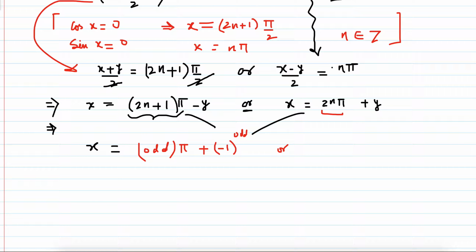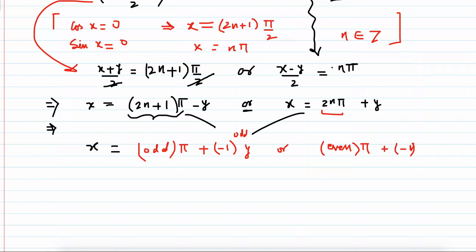So we have to find the similarity between these two expressions, or some even multiple of pi, and minus 1 raised to some even number.